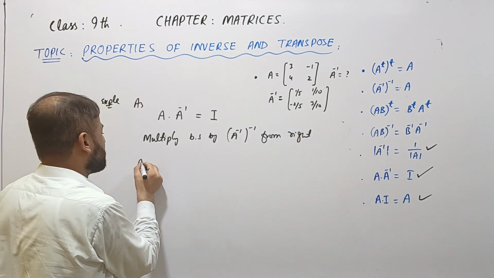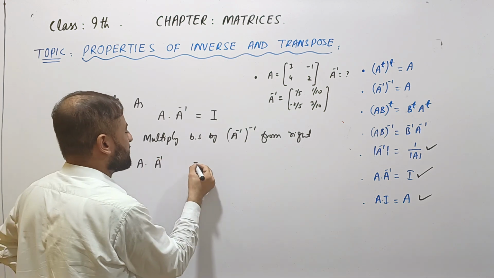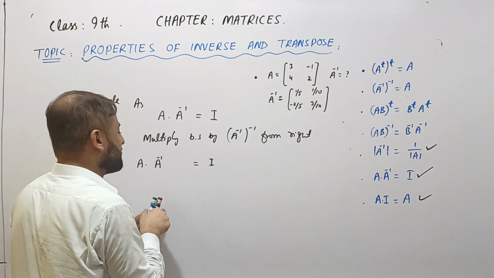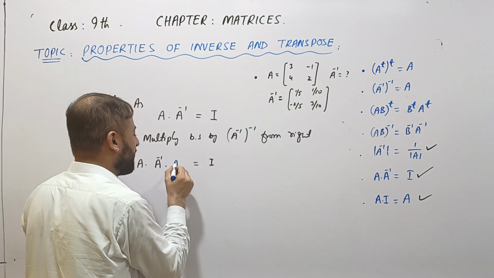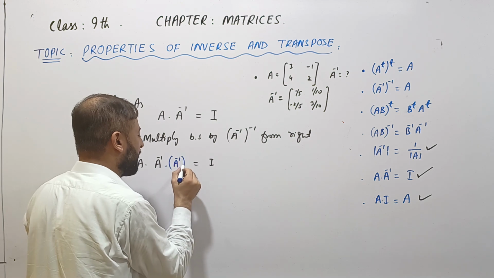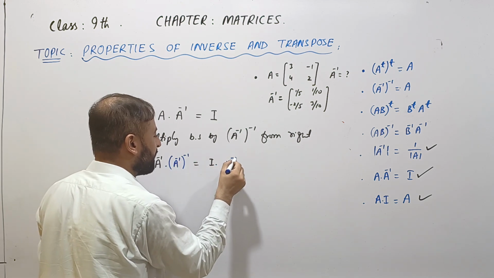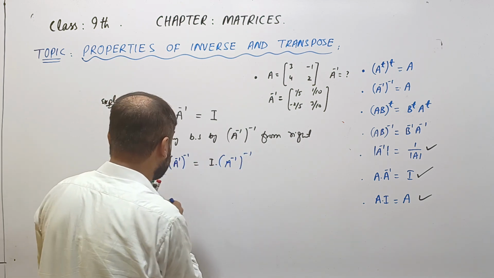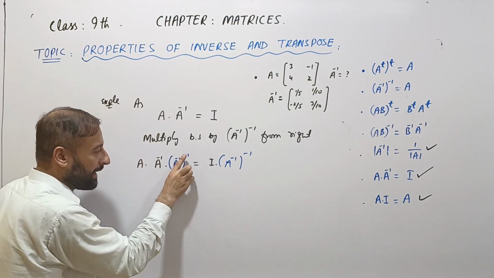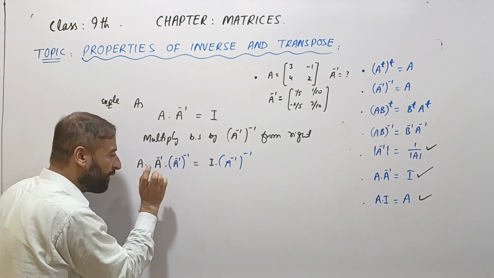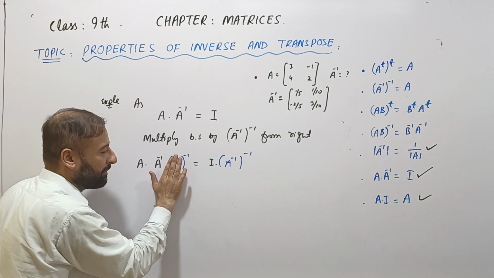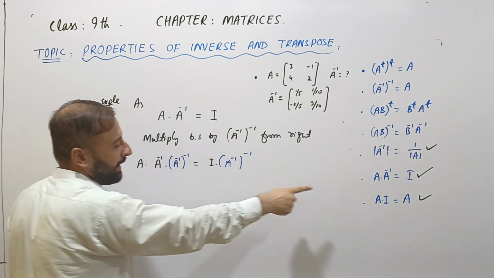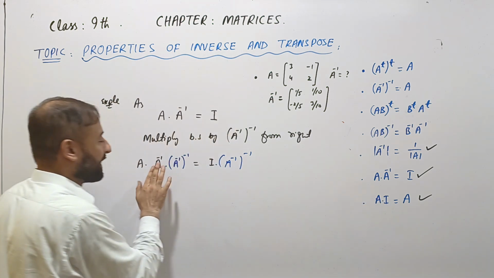I have this equation, A multiplied by A inverse is equal to identity. I say multiply both sides by A inverse whole inverse. Now what is this? This is inverse of this. Whenever we have matrix multiplied by inverse of the matrix, the result will be identity. Here the matrix is A inverse.